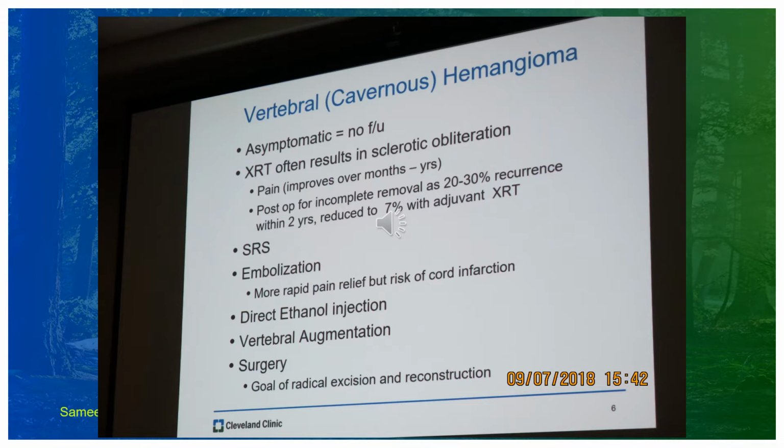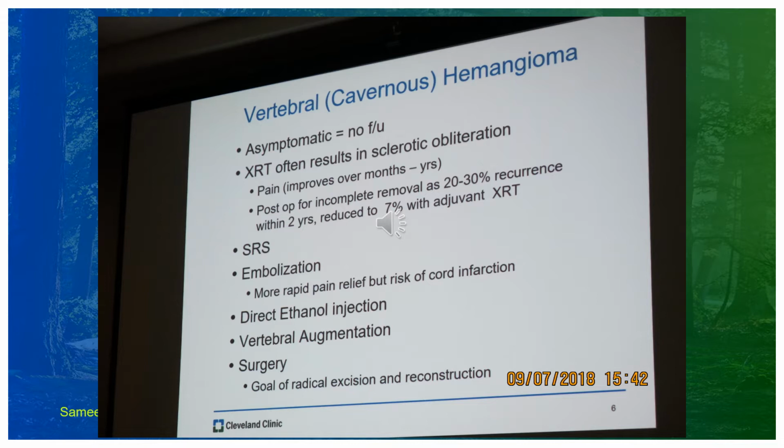Vertebral augmentation with bone cement. Bone cement is what we call polymethyl methacrylate, which is used as the temporary filling with teeth. Bone cement can be injected into the vertebral body through the pedicle. This process is called vertebroplasty or kyphoplasty.